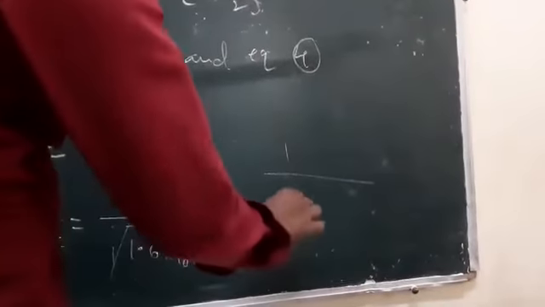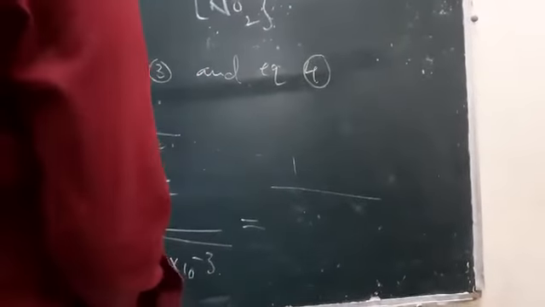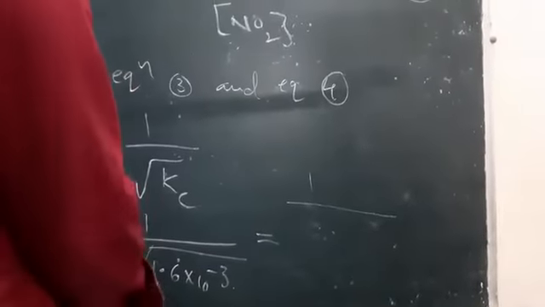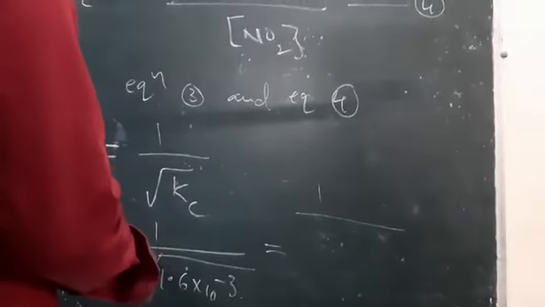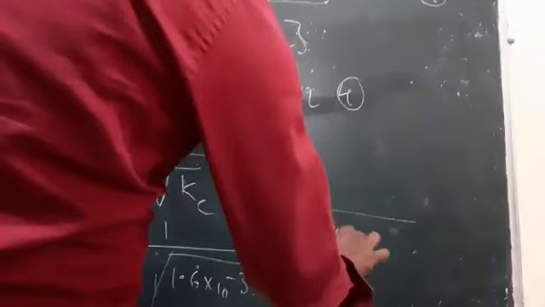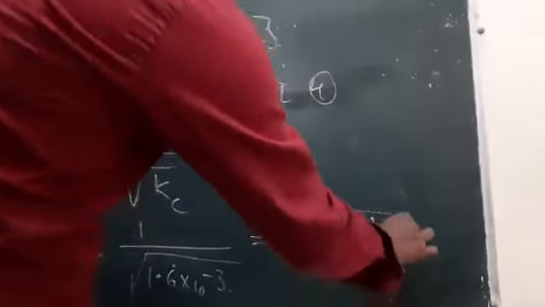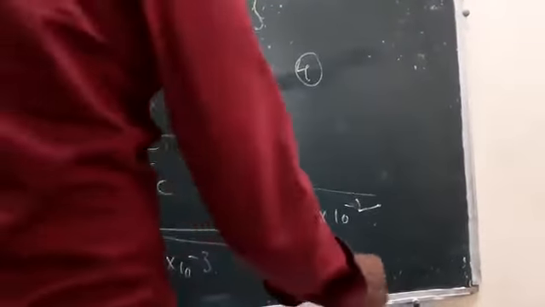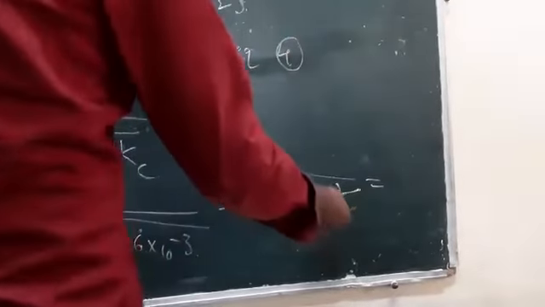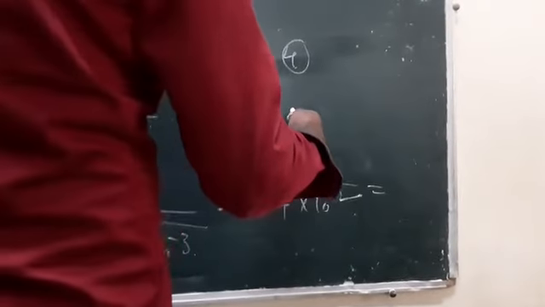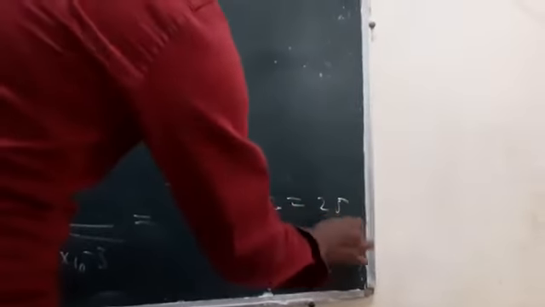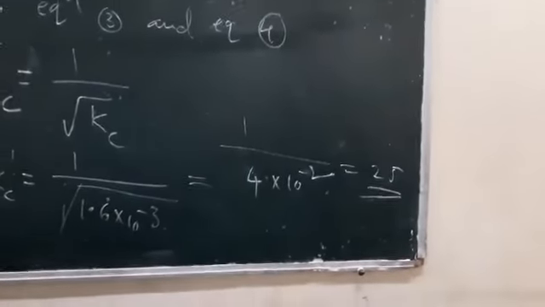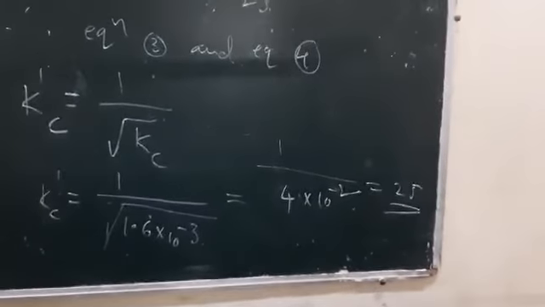This is 16 into 10 power minus 4, and applying the square root you get 4 into 10 power minus 2. If 10 power minus 2 goes outside, this is 100 by 4, which equals 25. So Kc prime equals 25.